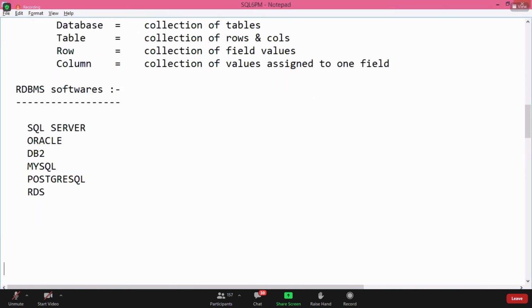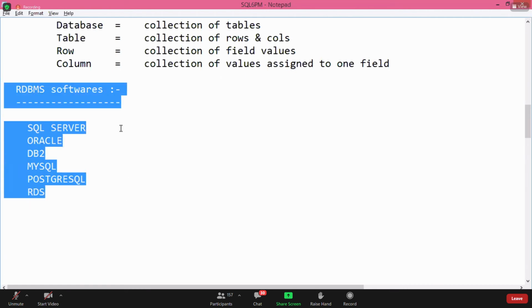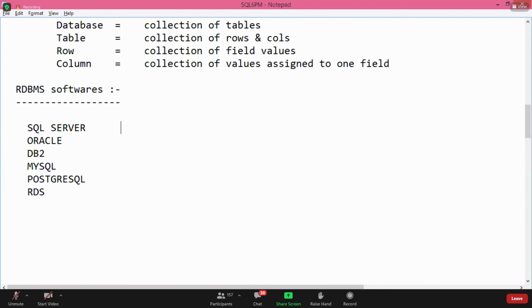All these are RDBMS softwares, and they are from different companies. Yesterday I also discussed this. SQL Server is from Microsoft. Oracle is from Oracle Corp. DB2 is from IBM.